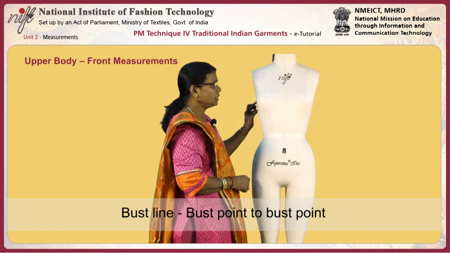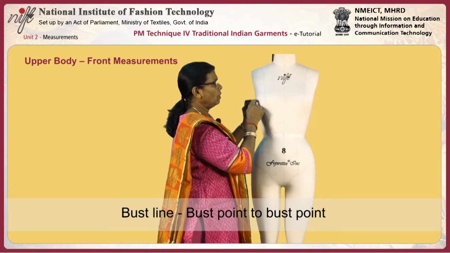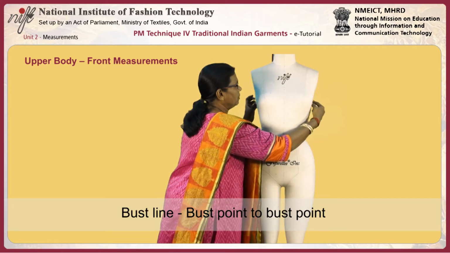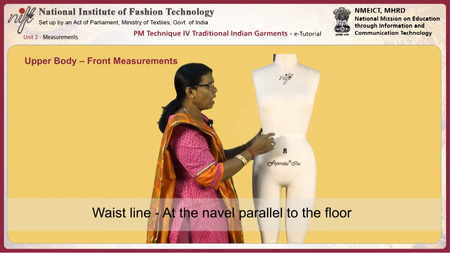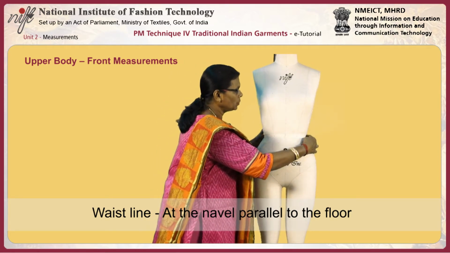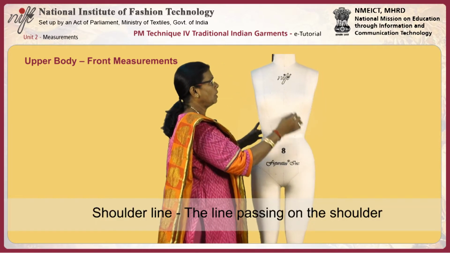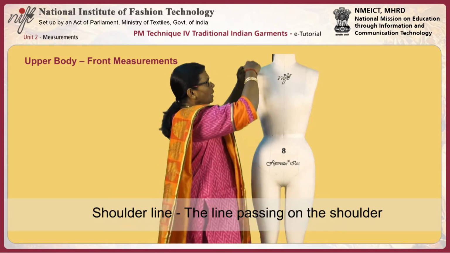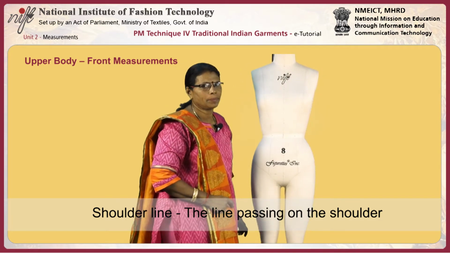The line which is passing on the nipple is the bust line. A line which is passing on the navel parallel to the floor is the waistline, and the line which is passing on the shoulder is the shoulder line.